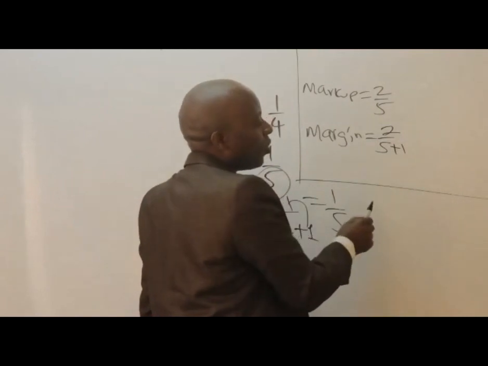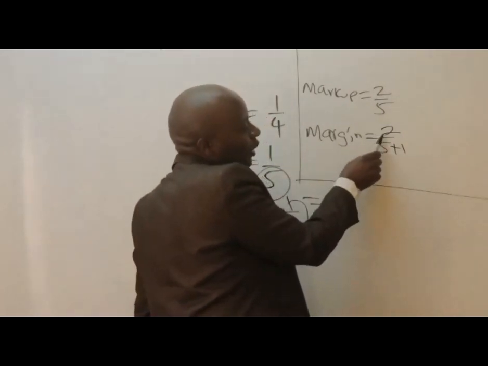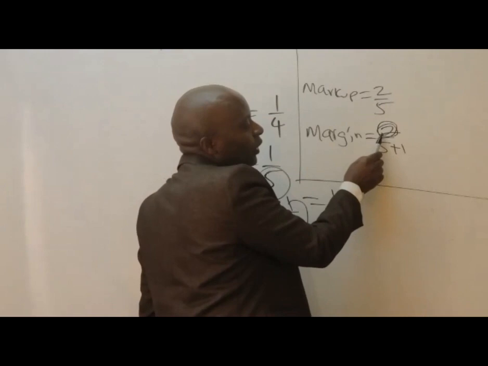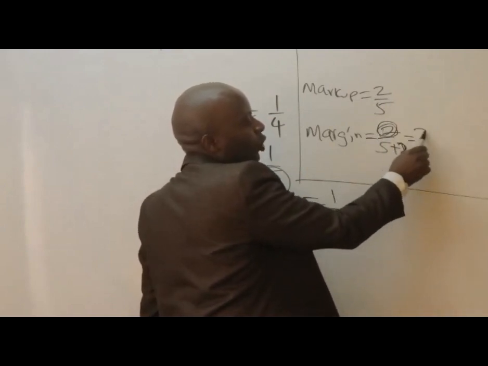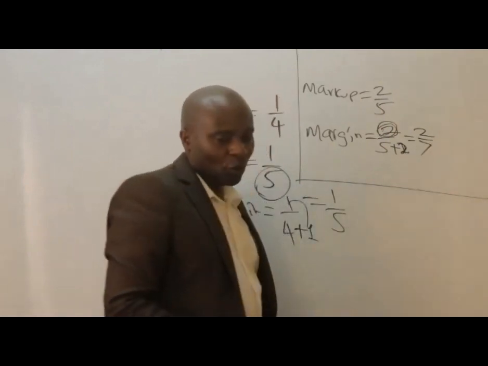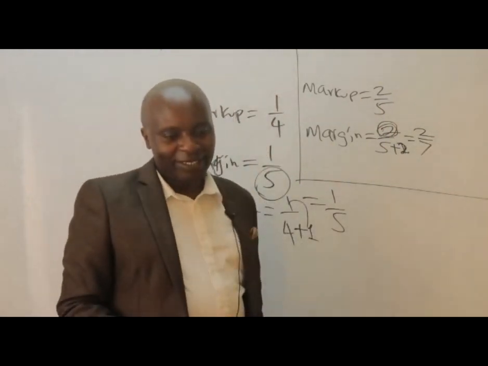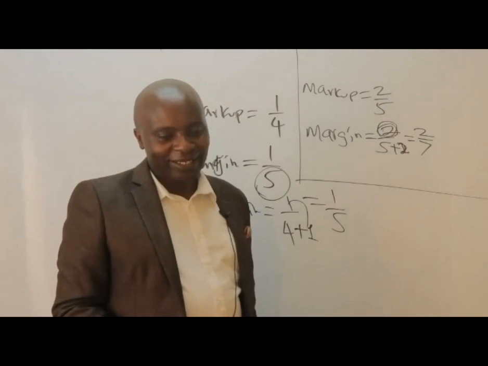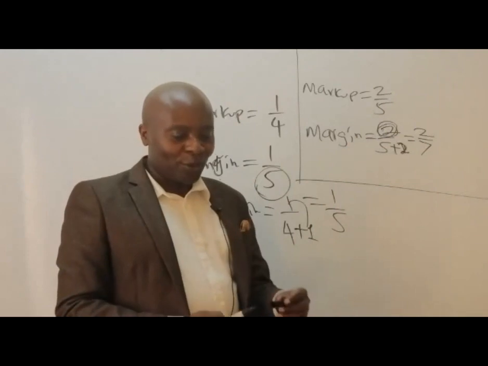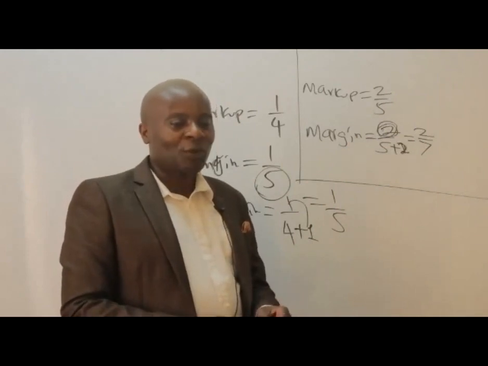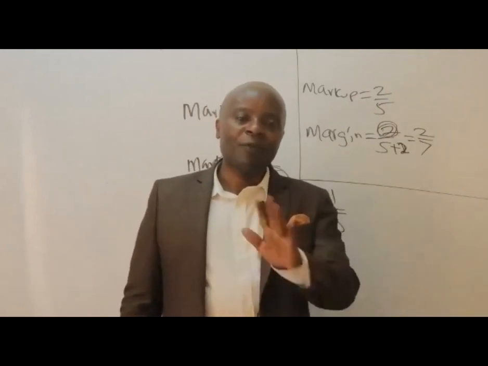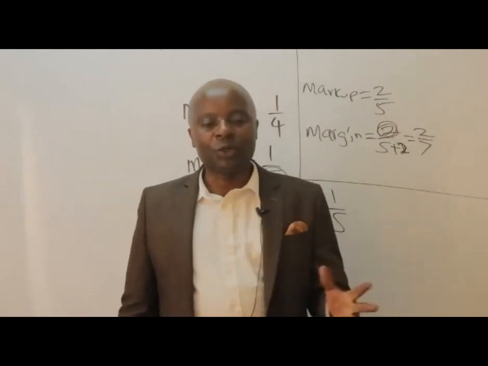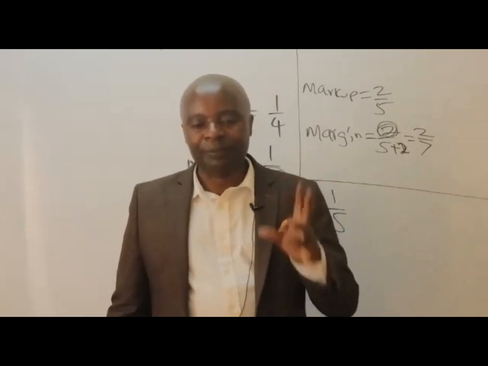No. It has got everything to do with adding the numerator. So if the numerator is 2, you simply add 2 to the denominator. So it should be 2/7. We've learned two things here: that for group consolidation, we always use margin.